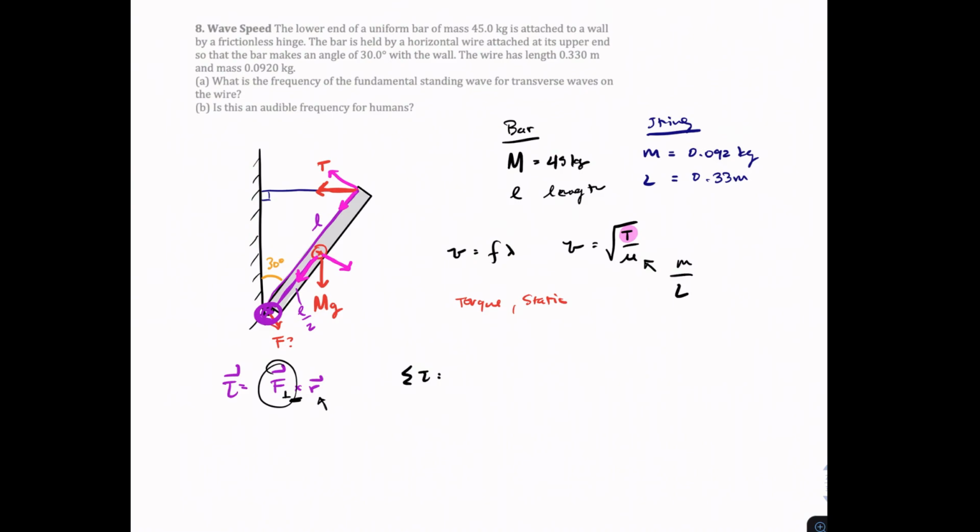Now when you're looking at this, this angle is 30 and this angle is 60, but then we have a T cosine 30, and then this would be T sine 30, but we don't actually care about that component because it isn't going to be part of the cross product, okay? And then this angle should be 30. So this is going to be mg sine 30, and this is mg cosine 30, but once again, we only care about the perpendicular components.